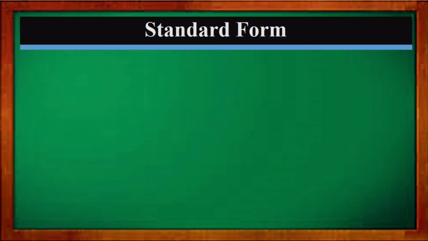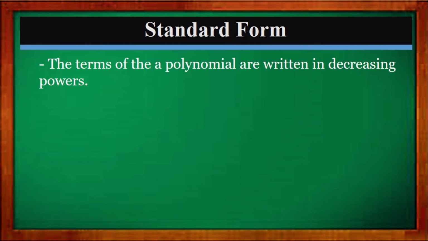So, let us now discuss what is standard form. When can we say that a polynomial function is in standard form? A polynomial is in standard form when the terms of the polynomial are written in decreasing order.